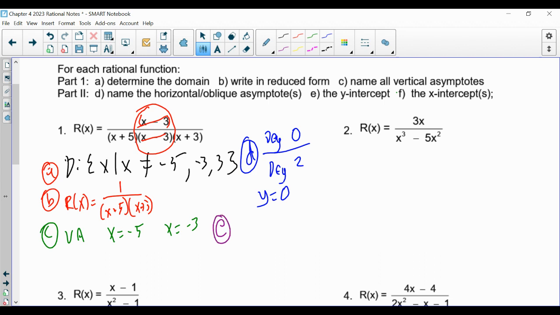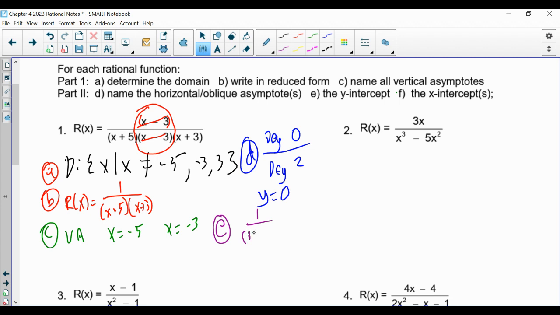Y-intercept. Y-intercept is substitute 0 in. Now you do have to make sure that you can substitute 0, because sometimes in the domain you might not be able to. If it says you can't equal 0, then your answer is none. If you can, though, then substitute in 0.